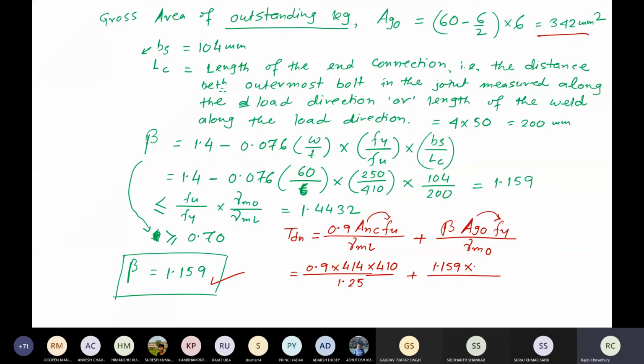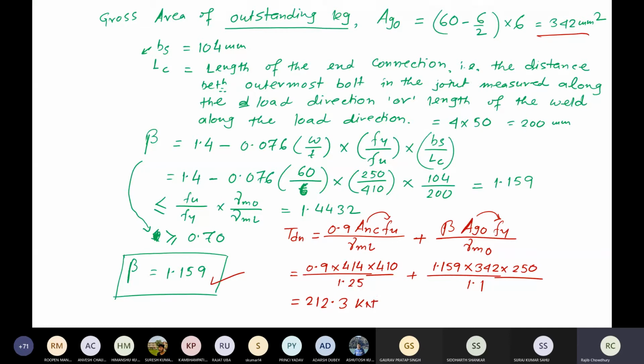So this would be 342 times 250 divided by again 1.1, which is the factor of safety. So this now becomes 212.3 kilonewton.